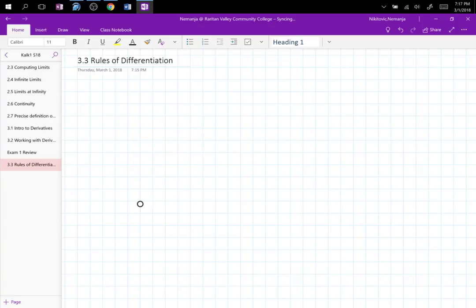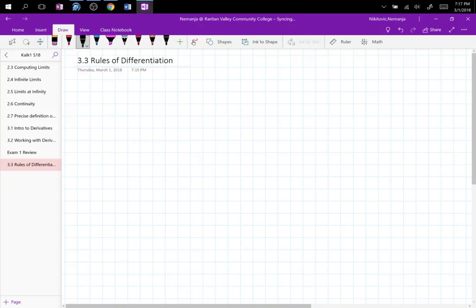So let's talk about notation first and words that we are using. What is the meaning of the word differentiation? Differentiation means take the derivative of the functions.